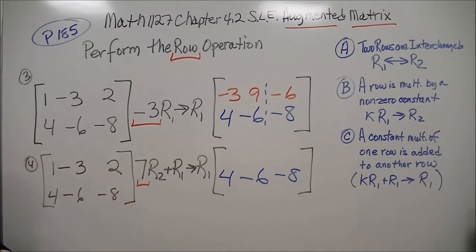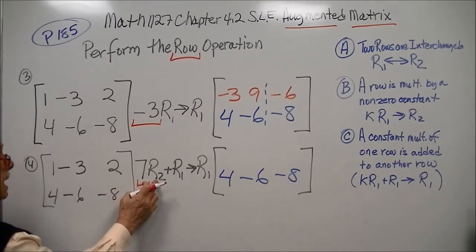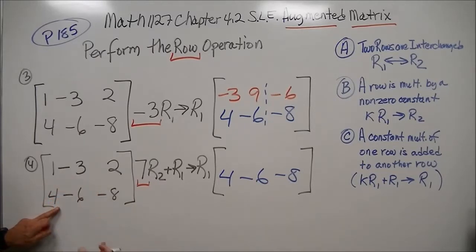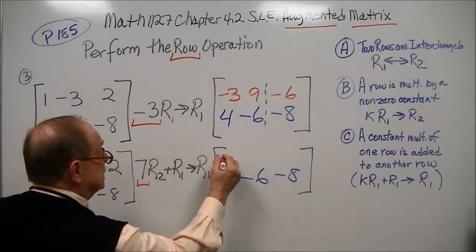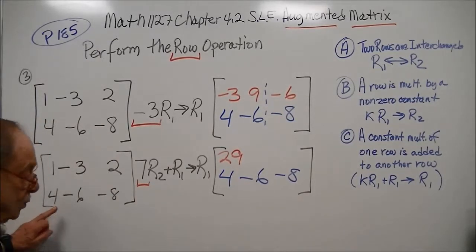Let's try that one again here, because I'm going by row 2. 7 times 4 is 28. Then we're going to add it to row 1. 28 plus 1, 29, and that's what we replace. So this now becomes 29.